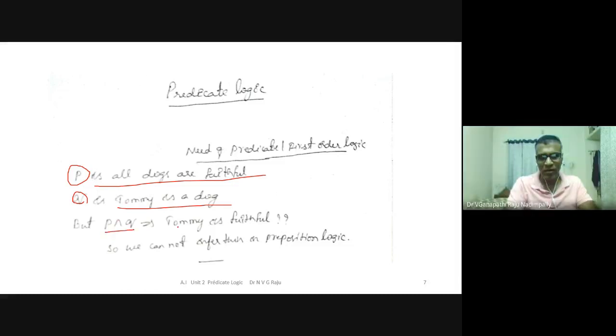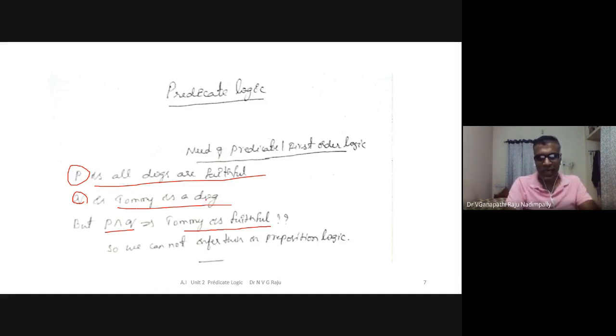Here I'm calling "all dogs are faithful" as P. Is it visible for you? "Tommy is a dog" I have considered as Q. Yes, sir. Now I have combined these two statements, P and Q. Now can I call Tommy faithful? If I combine them, in statement 1 all dogs are faithful, and here I say Tommy is a dog.